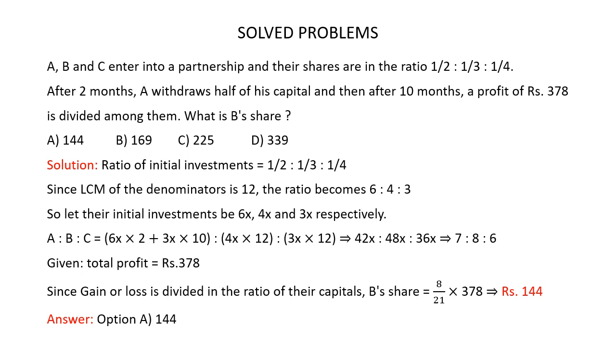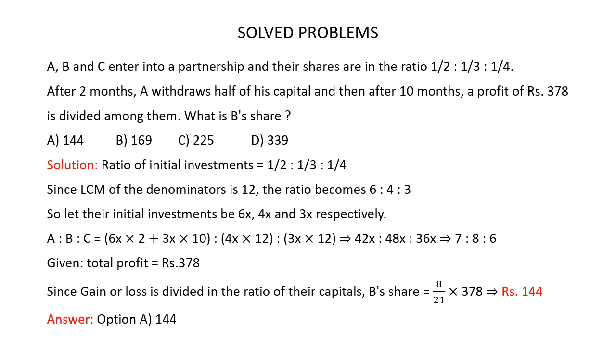So the ratio of the investment of A, B and C is 6x multiplied by 2 plus 3x multiplied by 10 is to 4x multiplied by 12 is to 3x multiplied by 12. On solving this, we get the ratio of investment of A, B and C as 7 is to 8 is to 6.